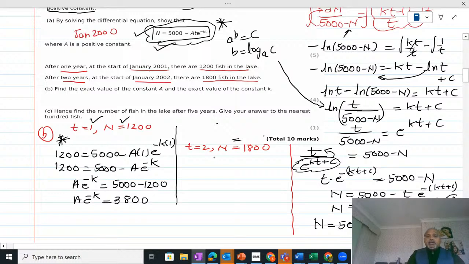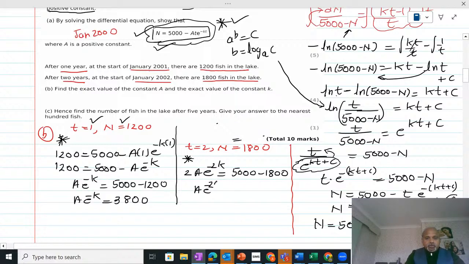Okay, same thing we can do here, t equal to 2 and n equal to 1800. Again from the asterisk equation on the top, we can write 1800 equals 5000 minus 2A e to the power minus 2k, and I have made this the subject.